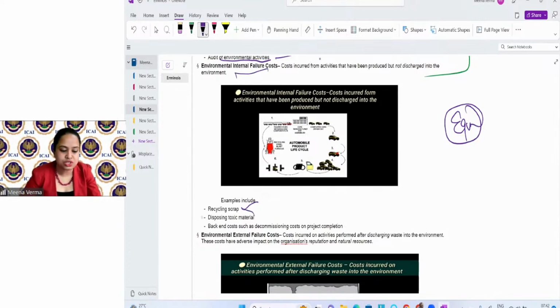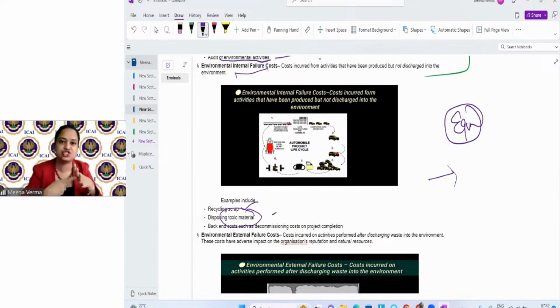Or disposing of toxic material. If you want to dispose of toxic material, don't release it freely in the environment. Pack it and dispose of it properly so that it does not damage the environment. Think of a hospital: their waste is so harmful for nature.